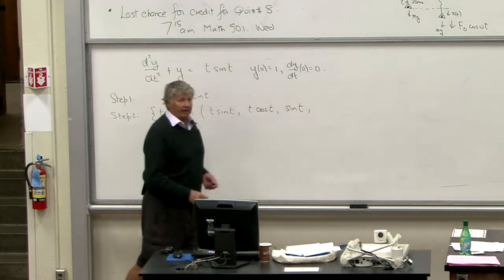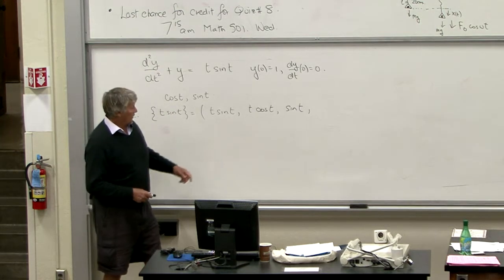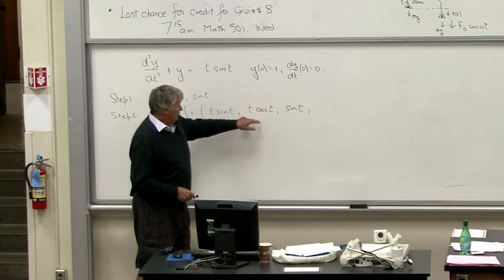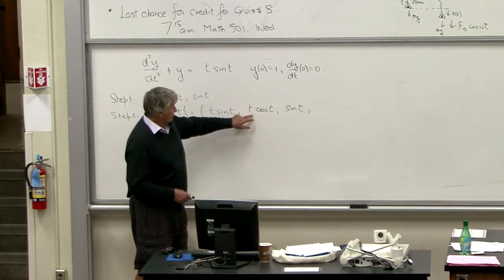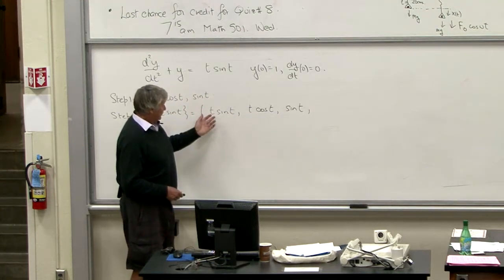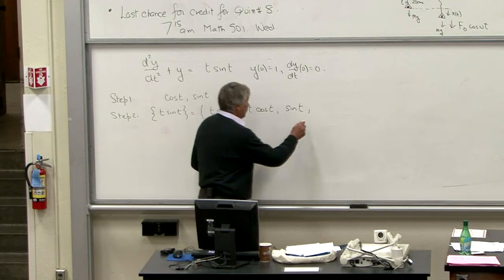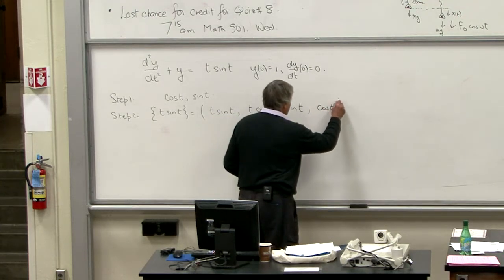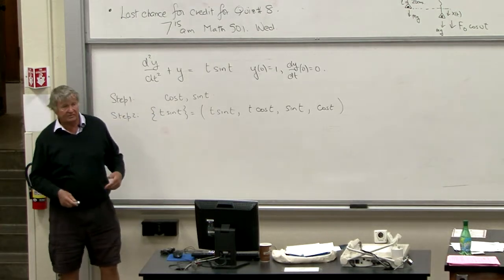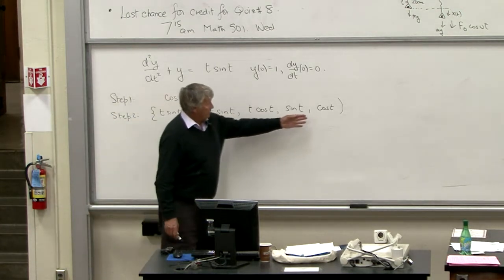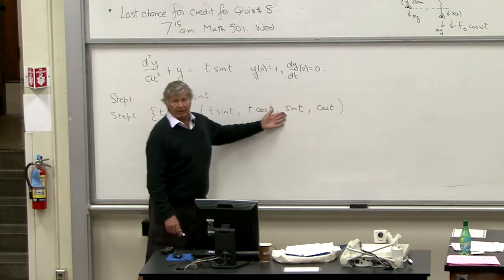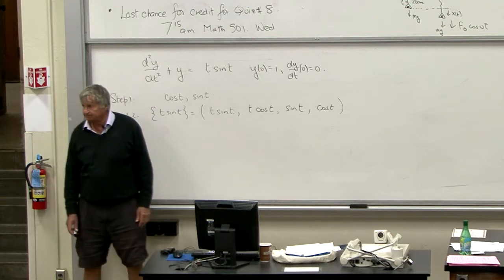Now differentiate again. What am I going to get? Well, when I differentiate with respect to t, I'll certainly get a cos t, as I will when I differentiate that, and so on. So cos t has to be in the set. Any other things? No, because any differential of any combination of these just gives you back combinations of these.